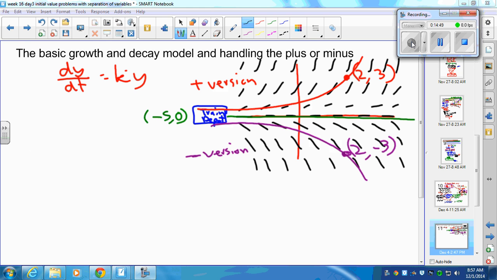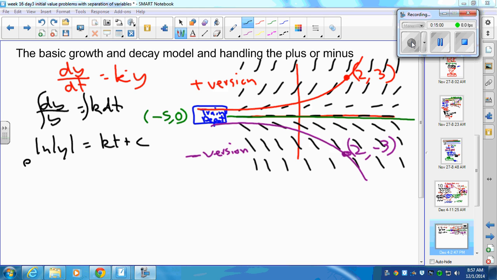So this would be dy over y equals k dt. Integrate: ln of absolute value y equals kt plus c. We e it, and we get y equals Ce^(kt). Watch what happens if I plug in (-5, 0).